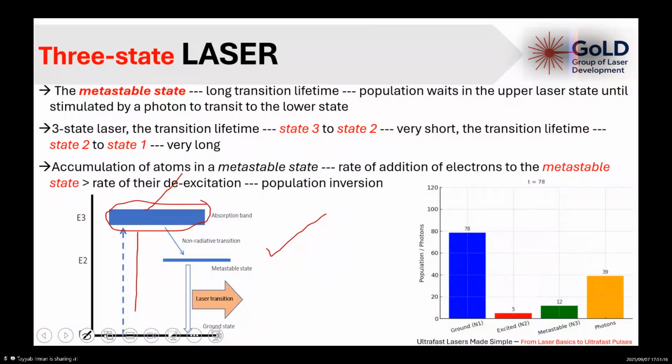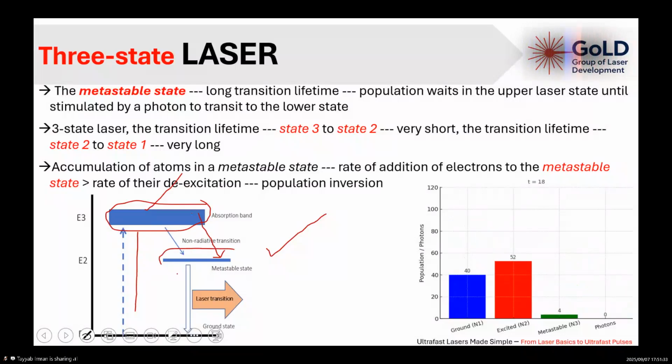When the electrons reach here, then because of the shorter decay time, they move towards the lower level, which is the metastable level. So electrons go from the lower level to the higher level and come down to stay at the metastable level.